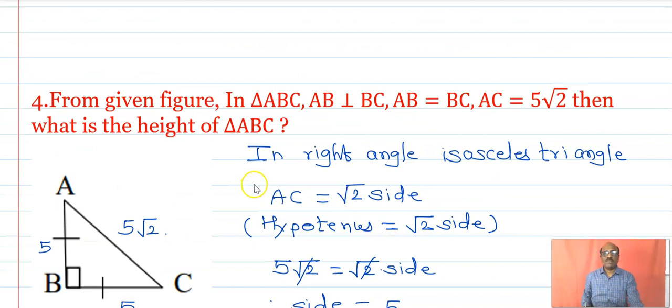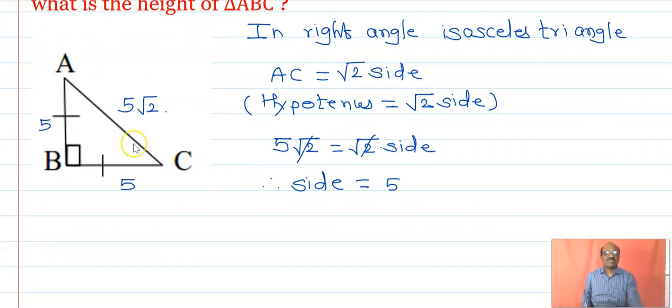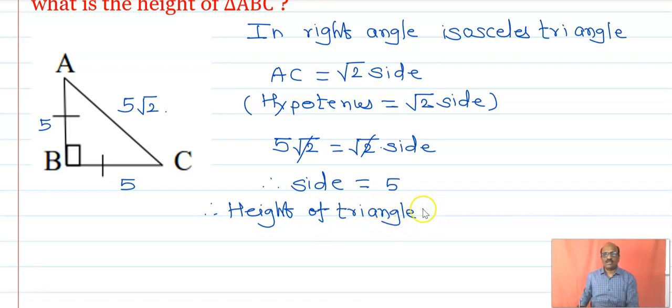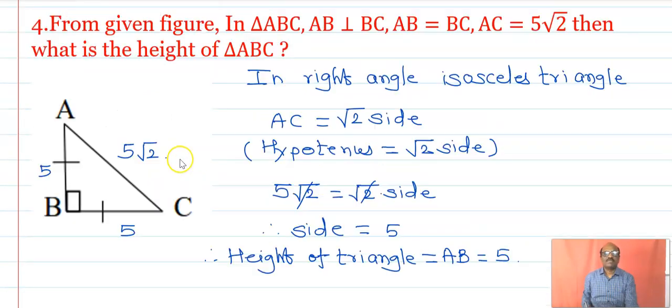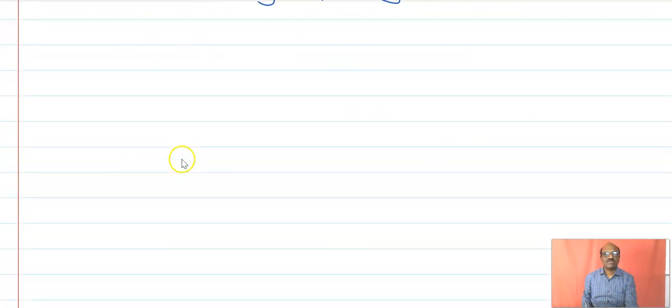Then what we want to find out is the height of this triangle. Height of triangle is equal to AB, and that is equal to 5. Height is 5.